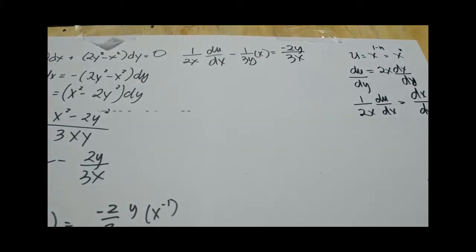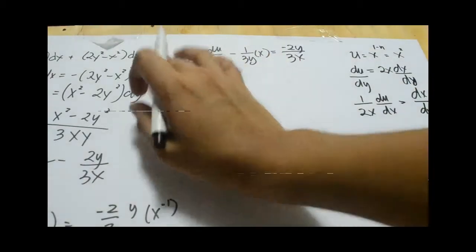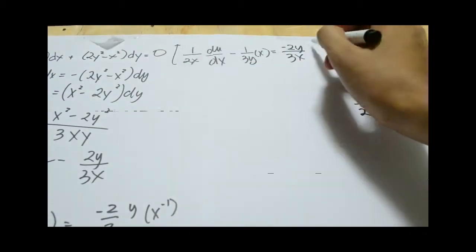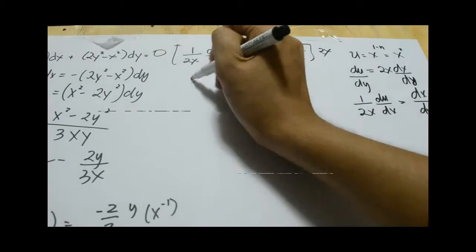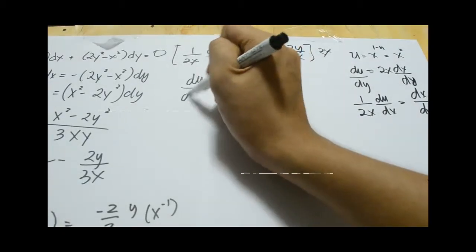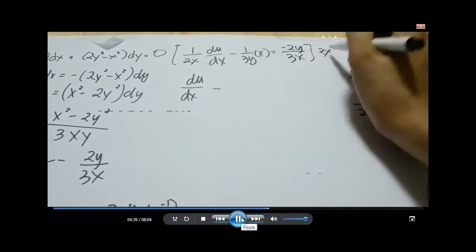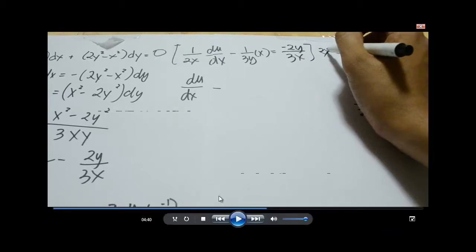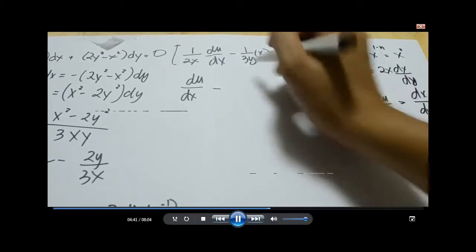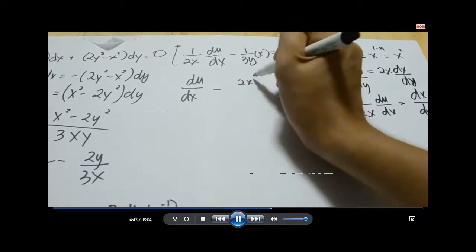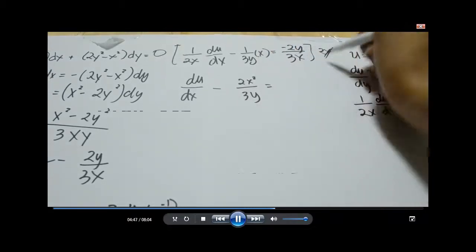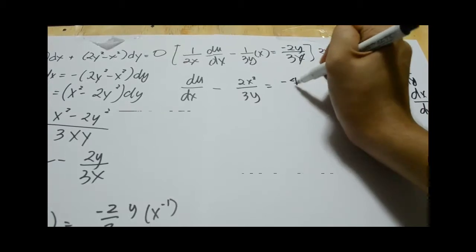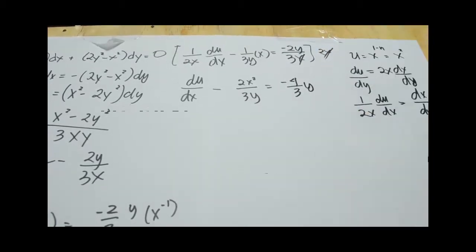And with this, to remove 1 over 2x here, we must multiply it by 2x. And we have du over dx minus 2x squared over 3y equals negative 4/3 y.